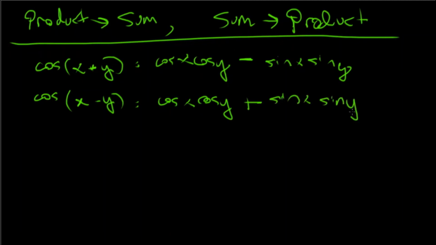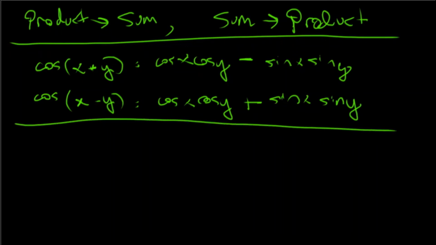All right, and if you pause the video and think for a second, we can get the formula pretty quickly. If I want a formula for sum to product, I need to generate a sum.